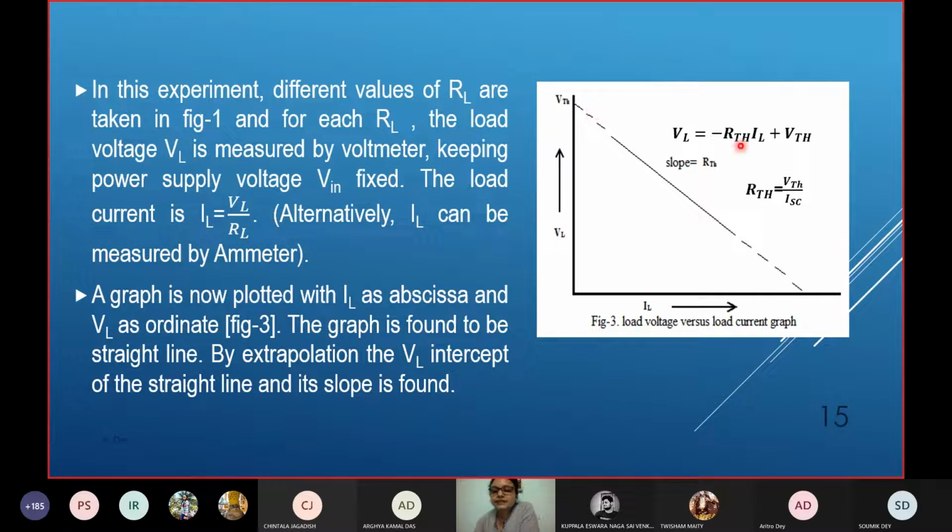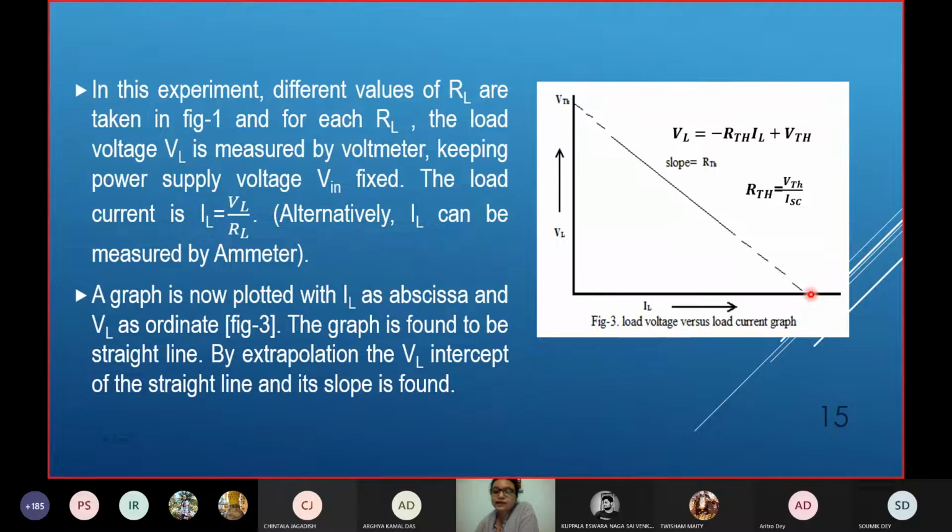We know VL is nothing but V Thevenin minus R Thevenin times IL. So this graph is a straight line with minus R Thevenin as its slope. Understood? If we extrapolate this, it will cut this point at V Thevenin and it will cut this point at ISC.